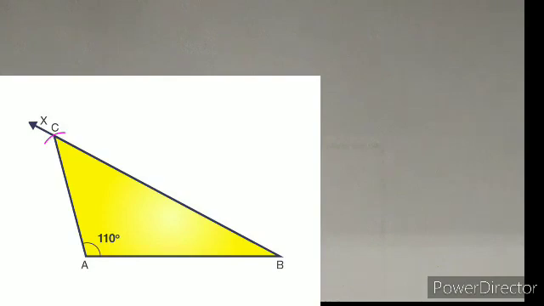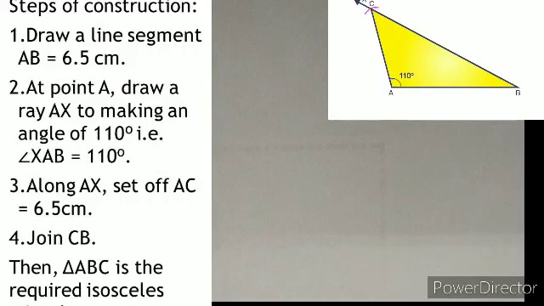Draw a line segment of length 6.5 centimeter. See, steps are given here, steps of construction. You can go through the steps, read the steps, and you can construct the triangle easily.